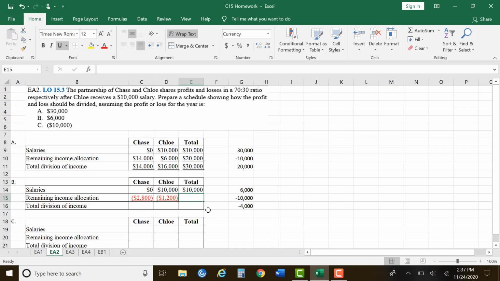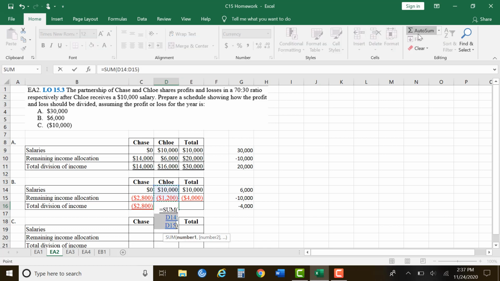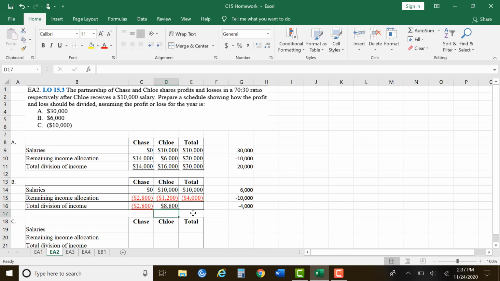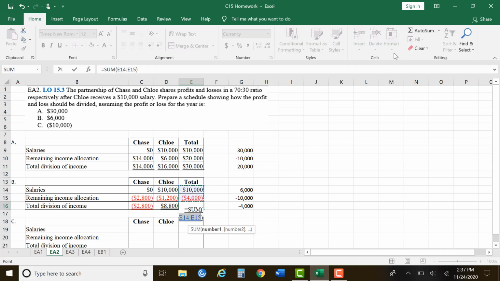So the total loss is $4,000. So the total division of the income is Chase has to pay 2,800. Chloe gets 8,800, so she actually ate into her salary by having to cover that loss. And then the total income was $6,000.